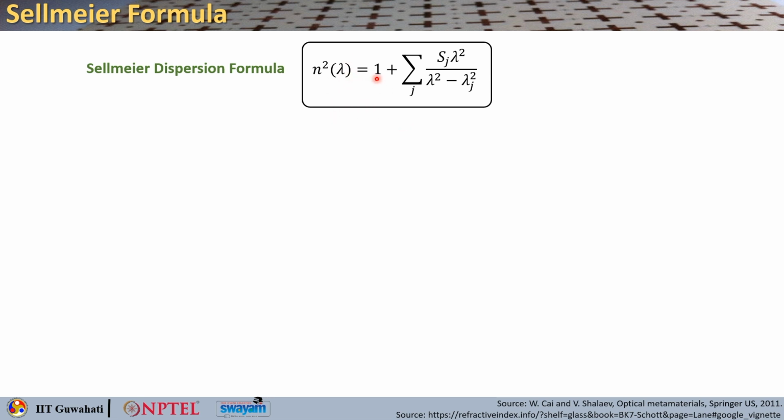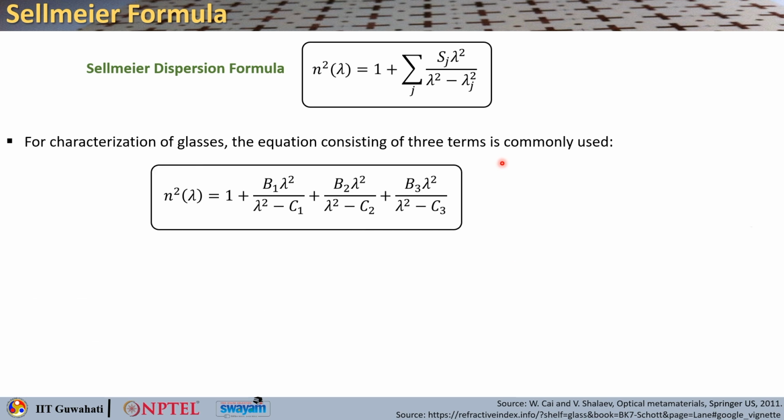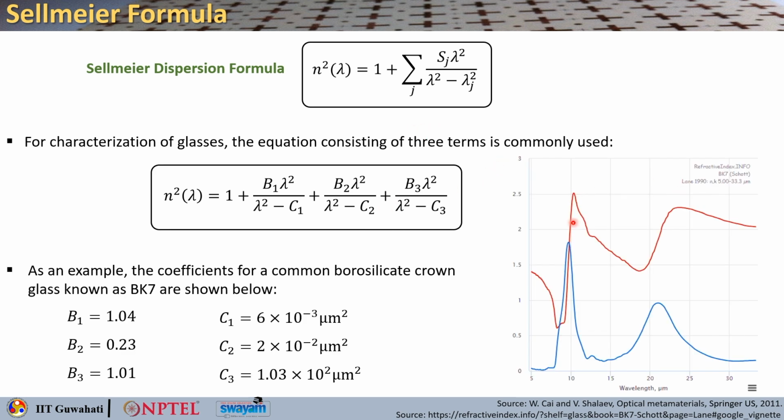So, this is one standard representation of the Sellmeier dispersion formula. n square lambda can be written as 1 plus summation over j s j lambda square divided by lambda square minus lambda j square, right. Now, for characterization of glasses, the equation consisting of 3 terms is commonly used. You can see a particular graph from refractiveindex.info.